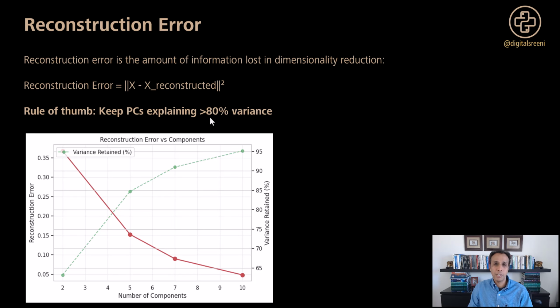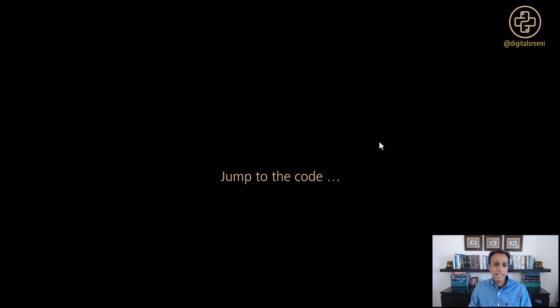In fact, even 60% is more than enough, as we'll see later on. But if your goal is 80%, that's happening right around here, which means you need 4 components, the first 4 components. I hope this makes sense. And now it's time to jump to the code and start making more sense of principal component analysis. So let's go ahead and jump in.